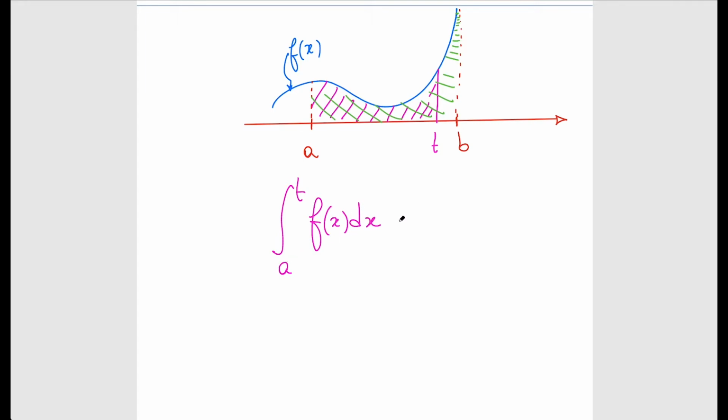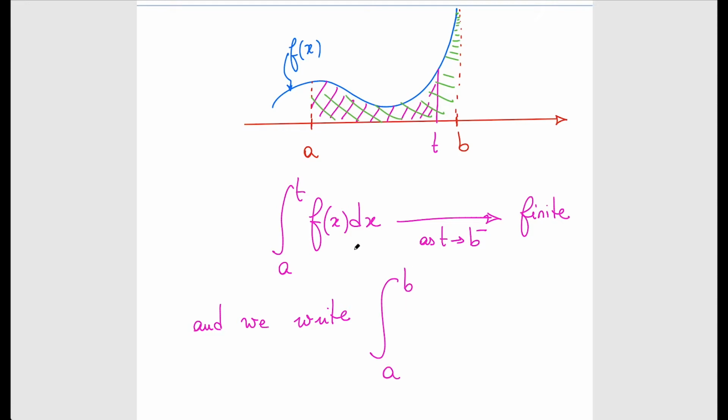So if this approaches a finite number as T approaches B from the left, in other words, we're talking about the green area as being a finite thing, then we say that that green area is that number, and we write that the integral from A to B of f of x dx, we define it to be the limit as T goes to B from the left of the integral from A to T of f of x dx.